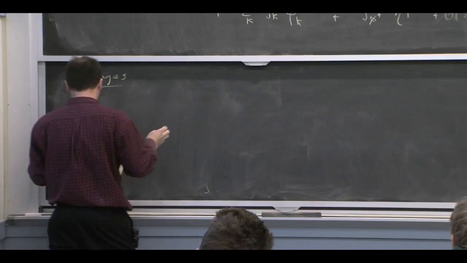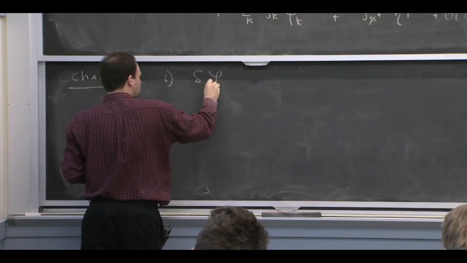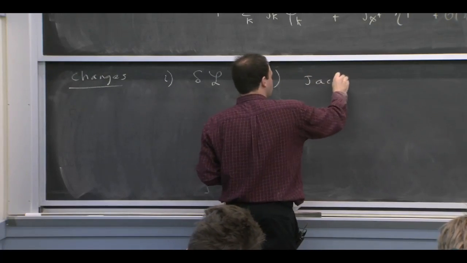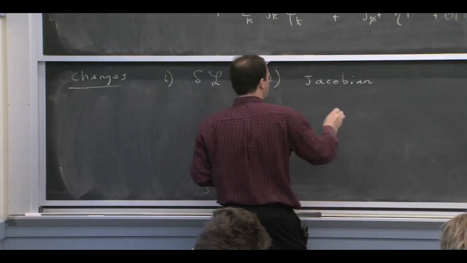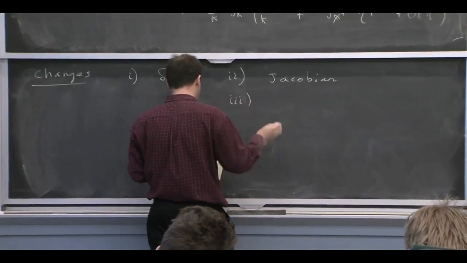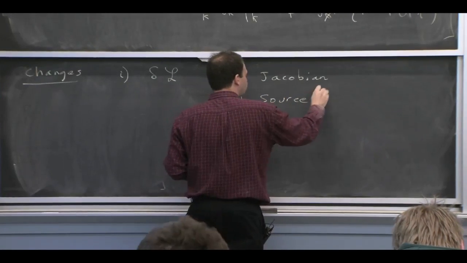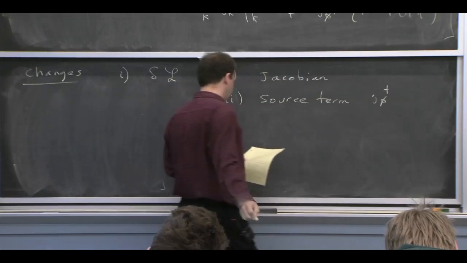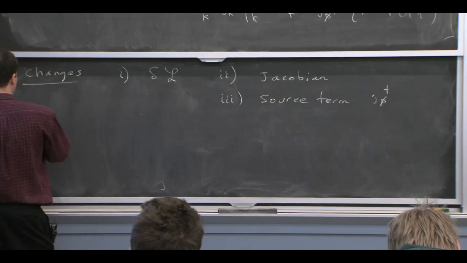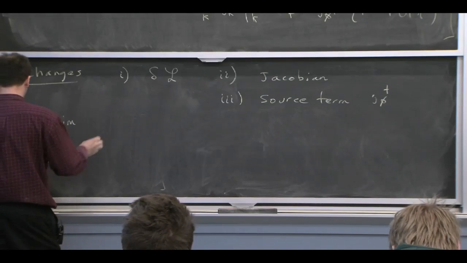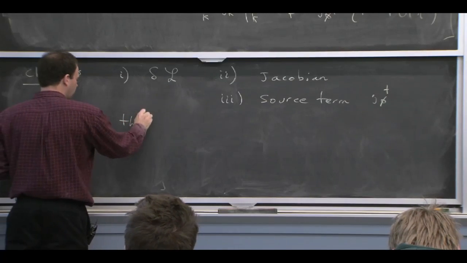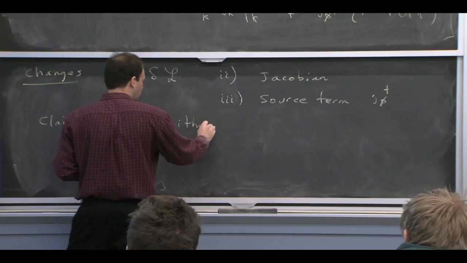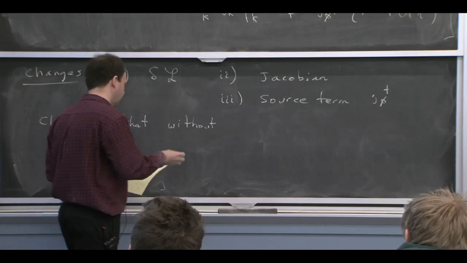So as I said, there's three types of changes. There's a change to the Lagrangian, like in the example we did before. There's a change through the Jacobian. And then there's a change through the source. We have to worry about whether any of these things will matter. And basically the claim, and where we're going, is that considering the Lagrangian is actually enough, so that 2 and 3 are something that we can deal with generically.